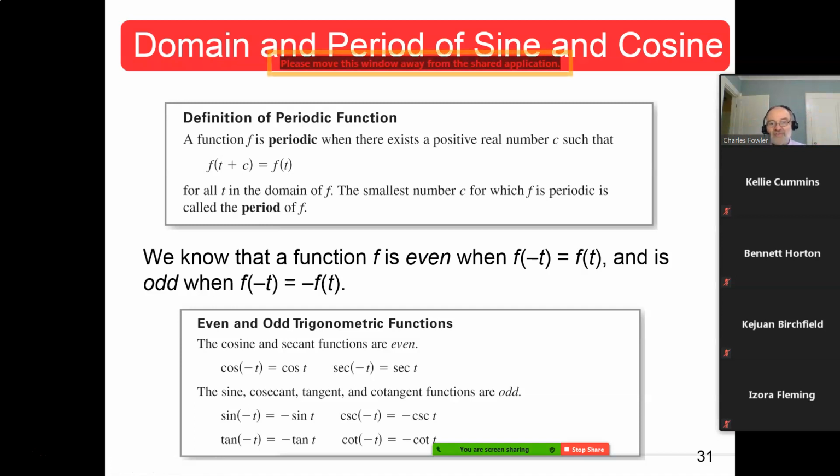We know that a function is even, now this is a new thing here, even when f of negative t is the same as f of t. It's odd when f of minus t is minus f of t. Now, back when you first ran into this in pre-calculus algebra, you either had even functions or you had odd functions, but the biggest class of functions was neither even nor odd.